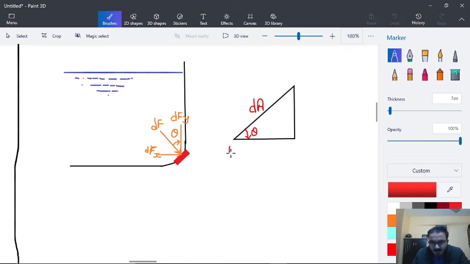This will be E, G and F. So this will be obviously here dA cos theta, dA sin theta.